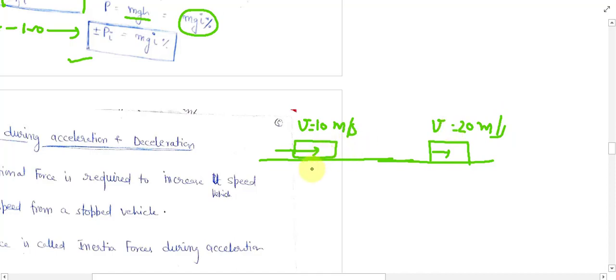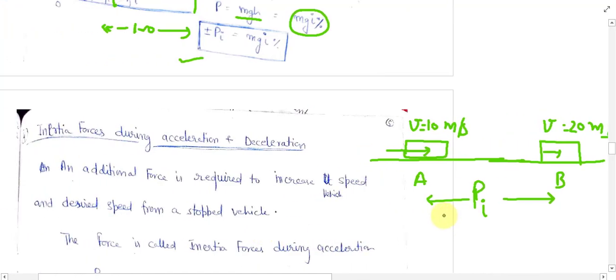So in this section, A to B, you are providing acceleration power to your vehicle so that it increases its velocity from 10 to 20 meters per second. So in this section you provide an extra effort. This extra effort in terms of work done is denoted by Pj, and this Pj is known as inertia force.